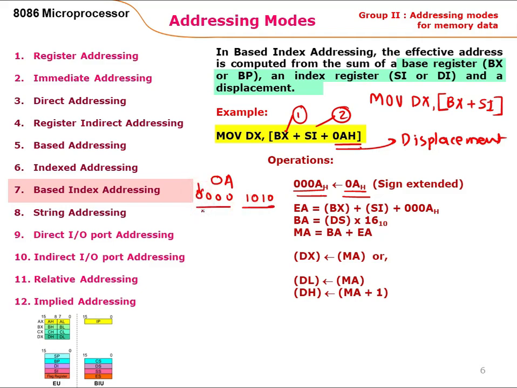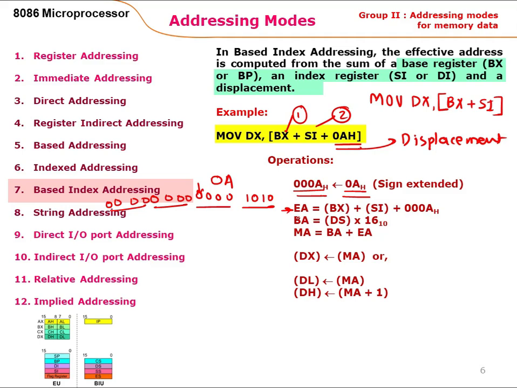The 0 indicates this number is positive, so we append 00H to convert it into a 16-bit number. It becomes 000AH. Now the effective address is calculated as BX plus SI plus 000AH.